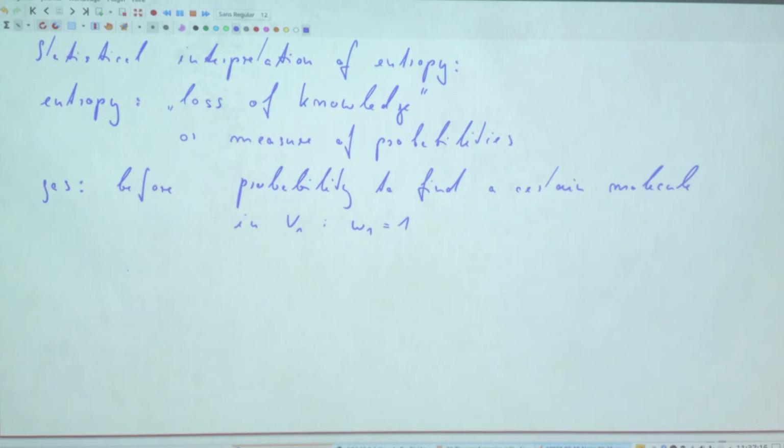And afterwards, it's only the ratio of the volume.